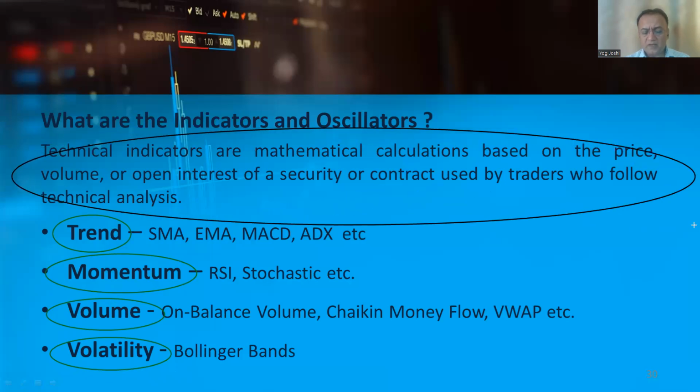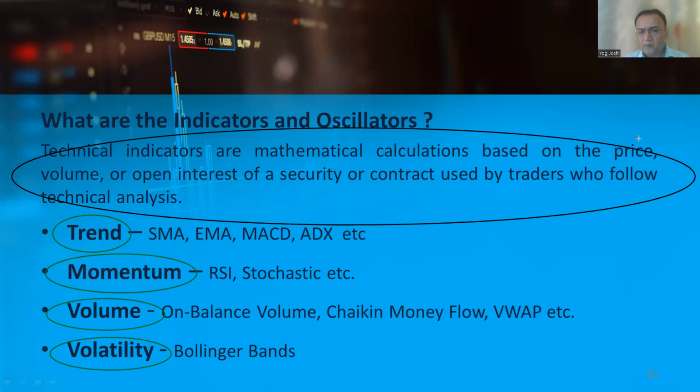simple, layman language, technical indicators are mathematical calculations. It is just like 1 plus 1 is equal to 2. Technical indicators are mathematical calculations based on the price, volume, or open interest of the security or the contract, used by traders who follow technical analysis.